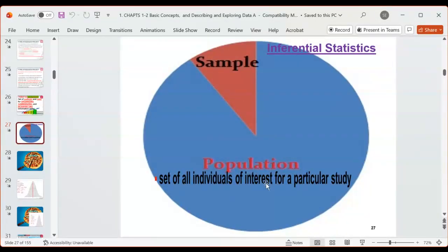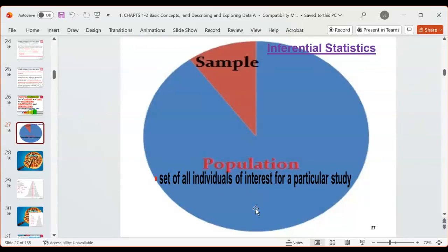The population is the set of all individuals of interest for a particular study. So if you decided to use a sample from, let's say, AU, Albizio University, then Albizio University is your population, and you will have a sample.